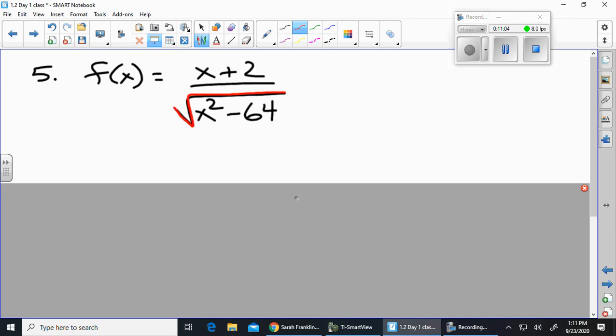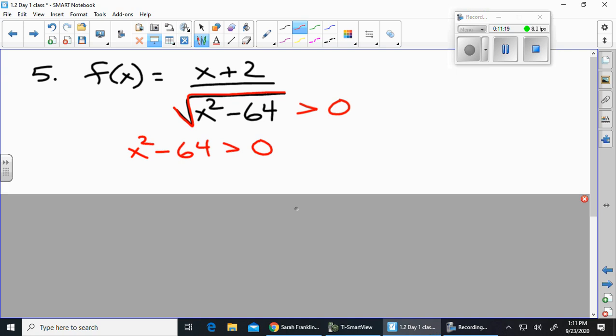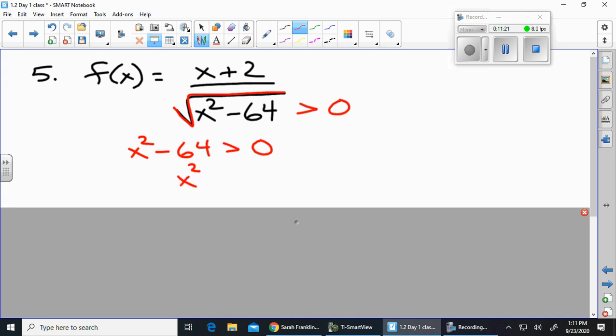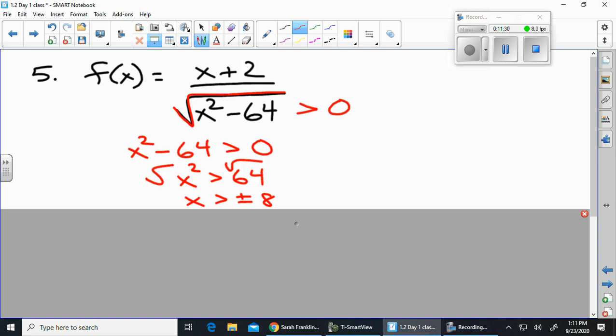So when that radical is on the bottom, it just means you put greater than 0 instead of greater than or equal to 0 where you would on the top. So x squared minus 64 is greater than 0.